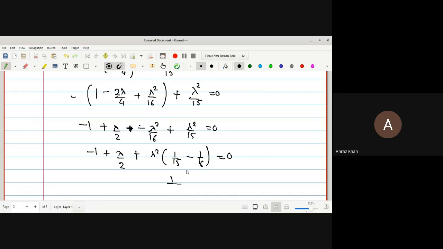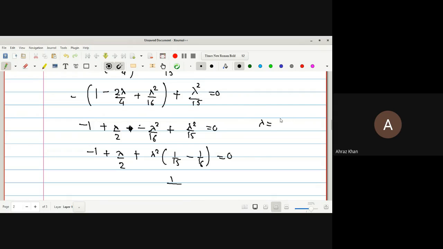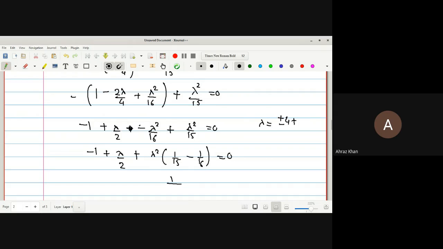Ma'am, the answer is 4 square root of 15 upon square root of 31. Lambda is equal to plus or minus 4 into square root of 15 upon 31. Yes, ma'am, 16 into 15, 4 square.